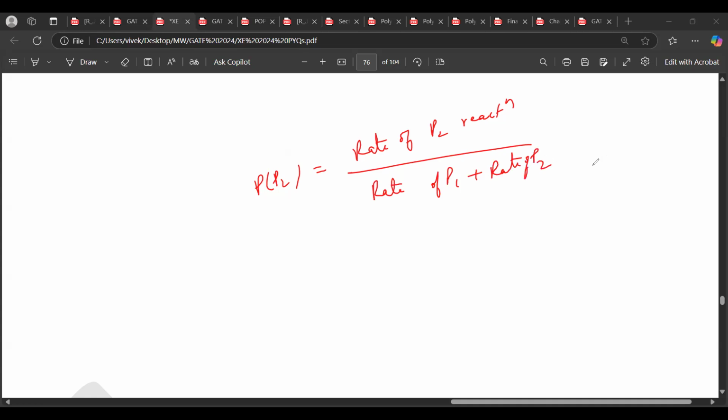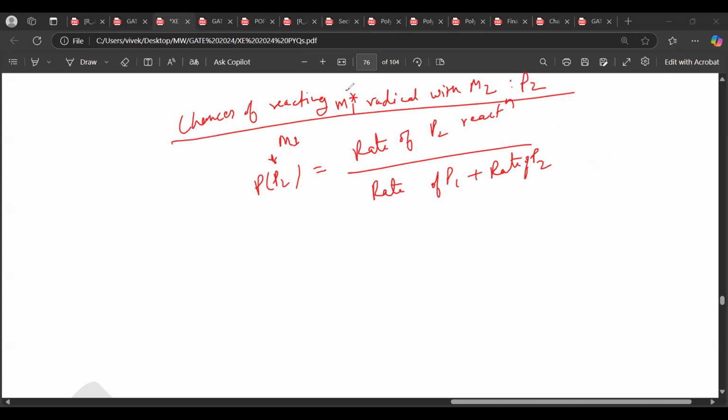Of course, I'm not including P3, because we are calculating the chances of M1 star radical reacting with M2, which we call the reaction P2. If M1 star can react to give P2, there is also a chance of M1 star reacting to give P1. That's the total condition.